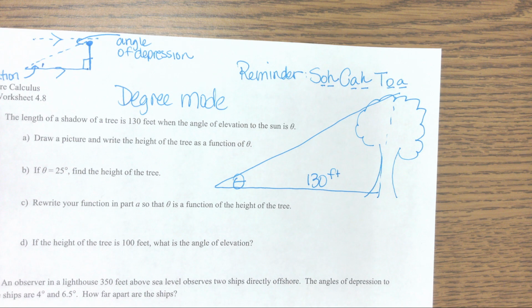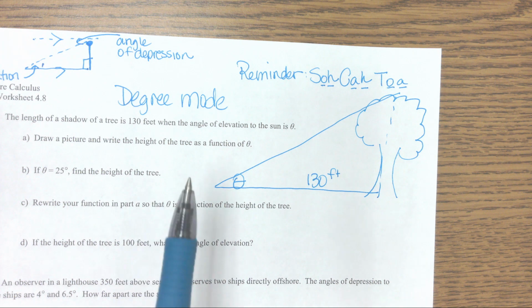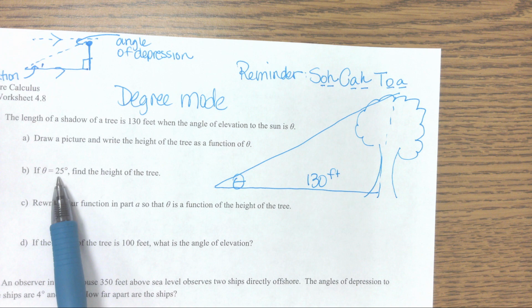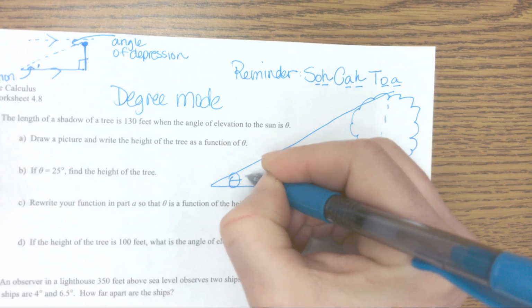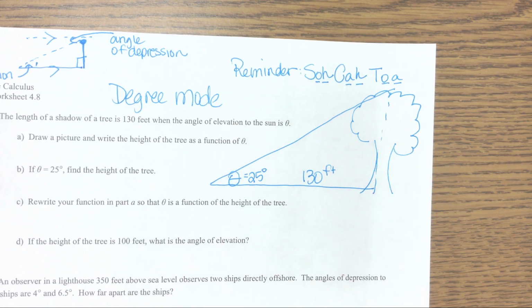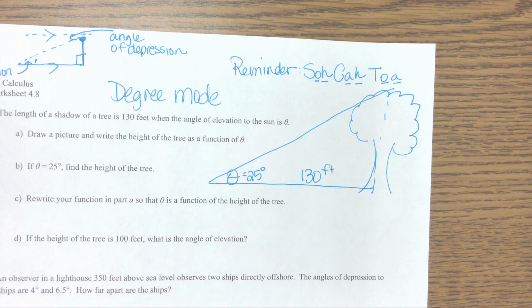Okay, you're also told for the first part, theta equals 25. In the first part, I want you to find the height of the tree.